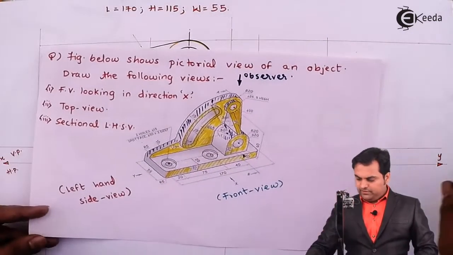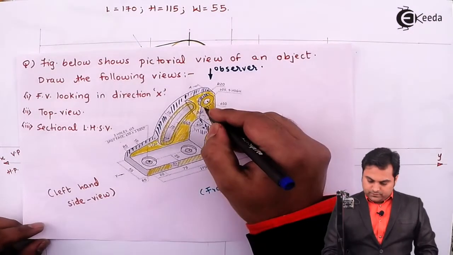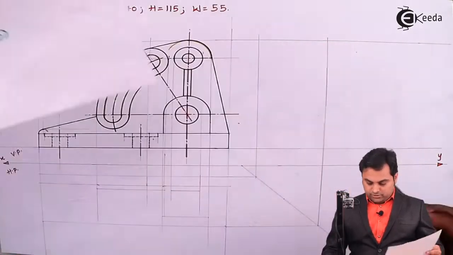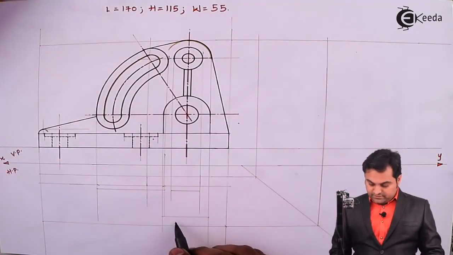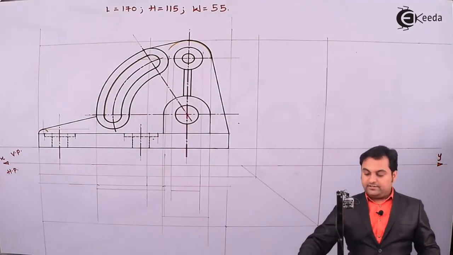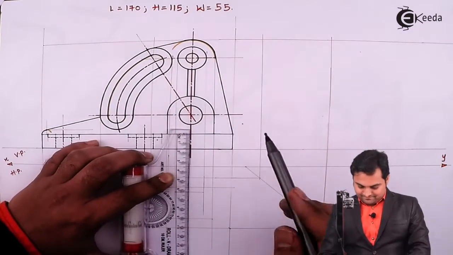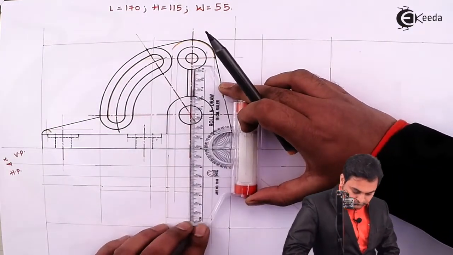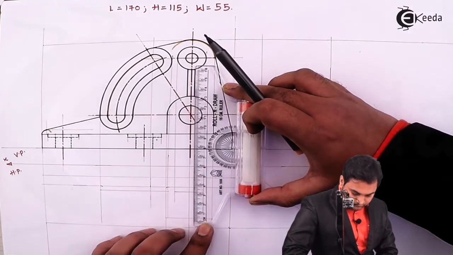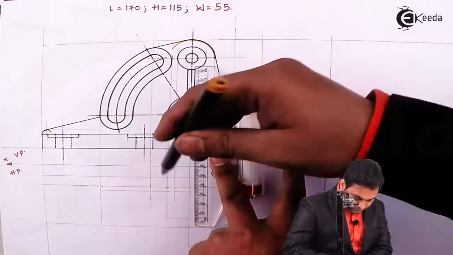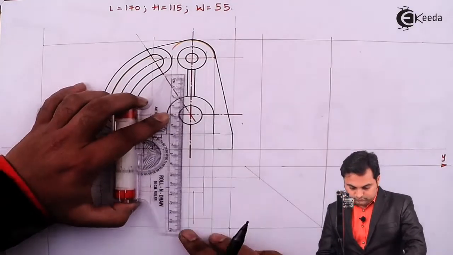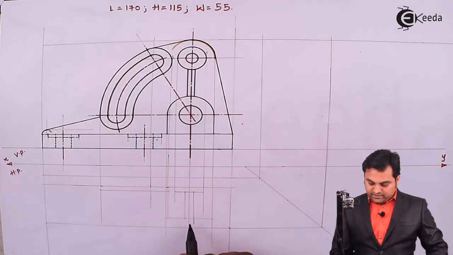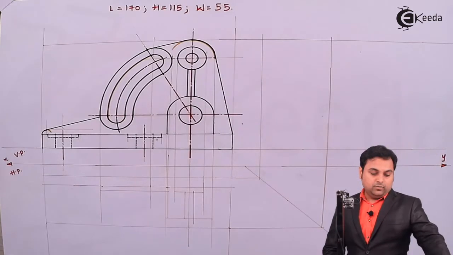So looking from top, even the rib is visible, and it is connecting the circular surface and this semicircular portion. So circular surface is here and this is the semicircular part. Length of the rib, I'll get it from the front view. So connecting this circular surface and this semicircular part is the rib visible from top.